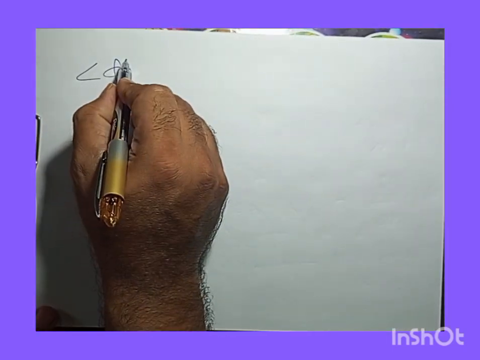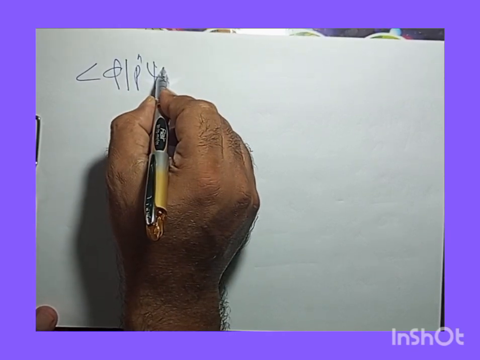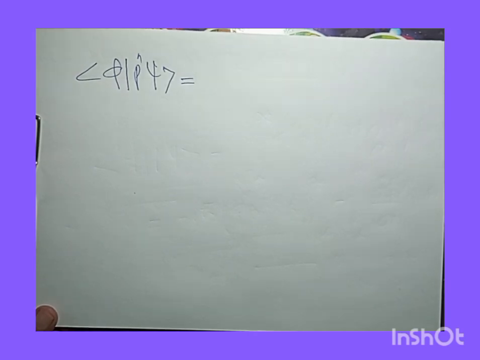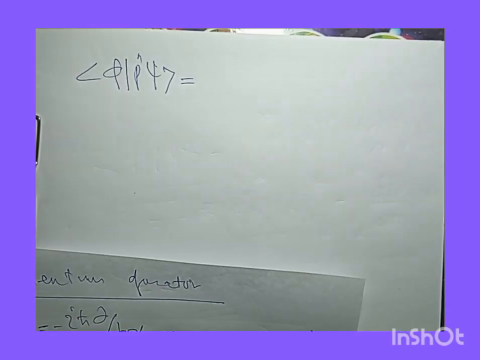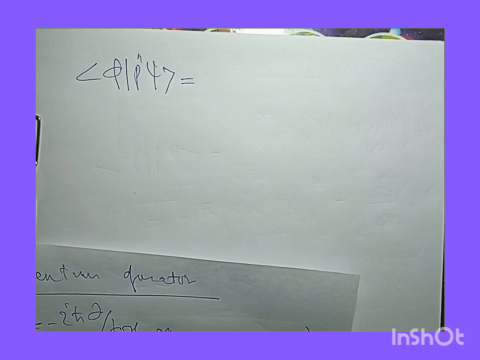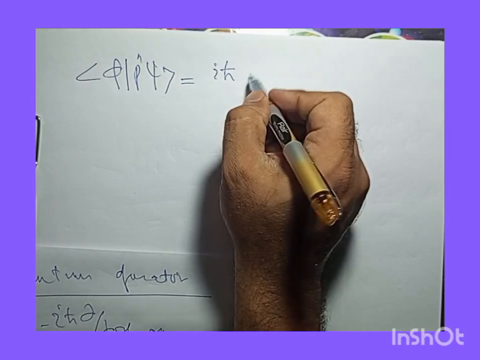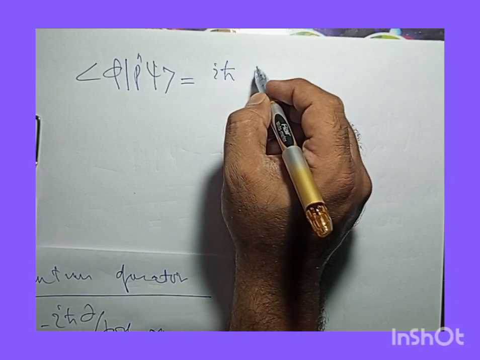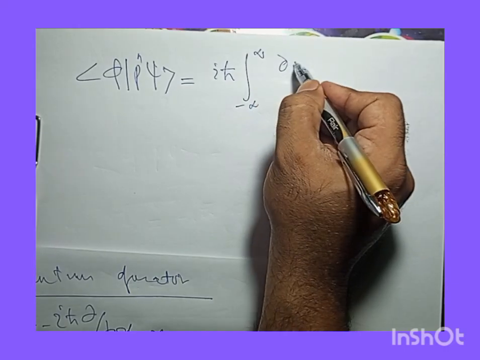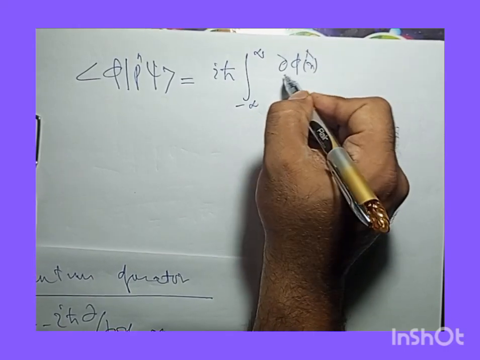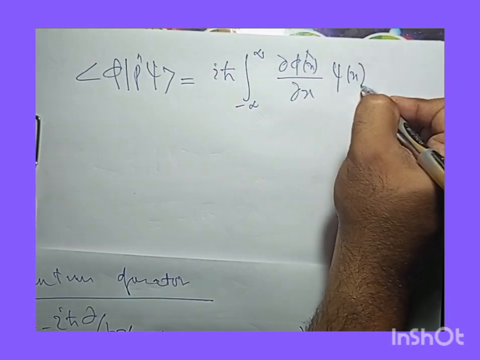So we can write that the bra of phi, p cap, psi is i h cross times the integral from minus infinity to infinity of dou phi star of x by dou x, psi of x dx.